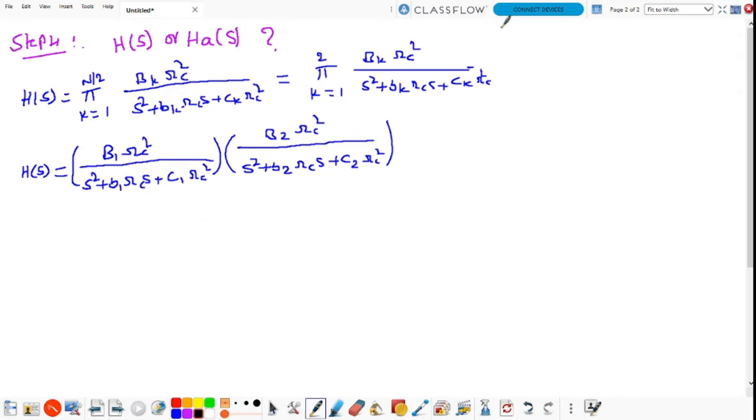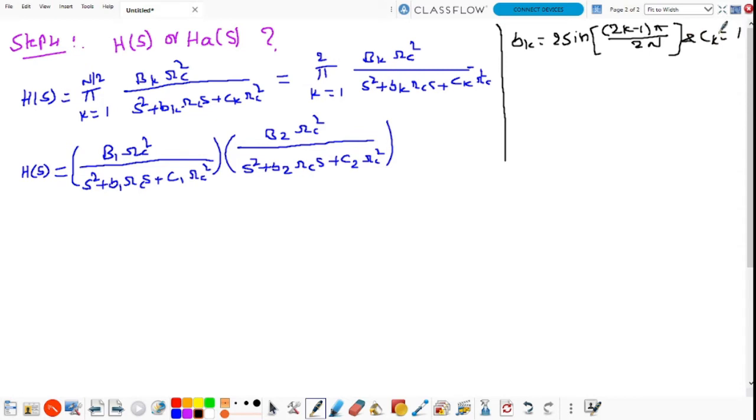So we know that the expression of small bk is b suffix small k is equal to 2 sine of (2k minus 1) into pi by 2N, and the expression of ck is equal to 1.